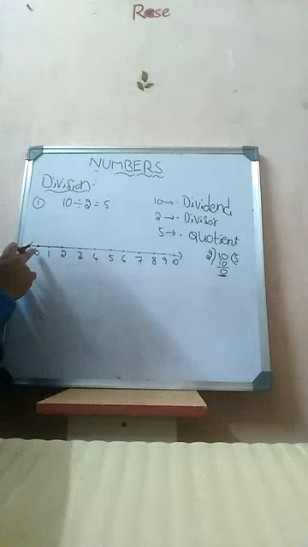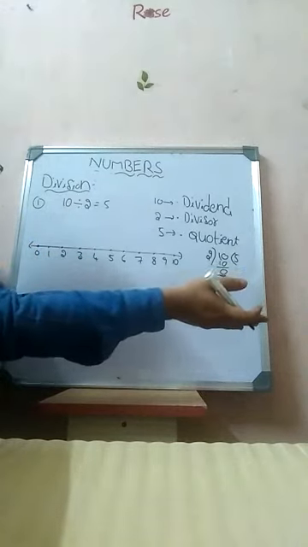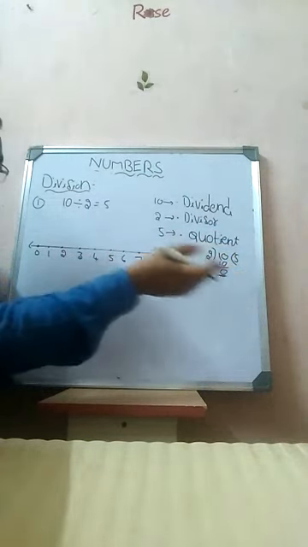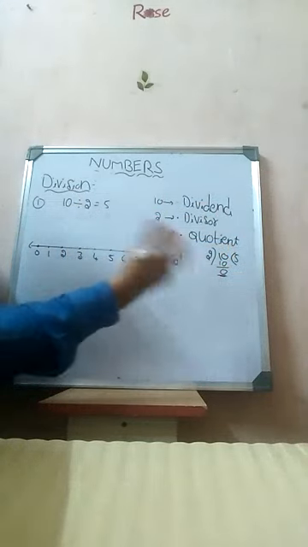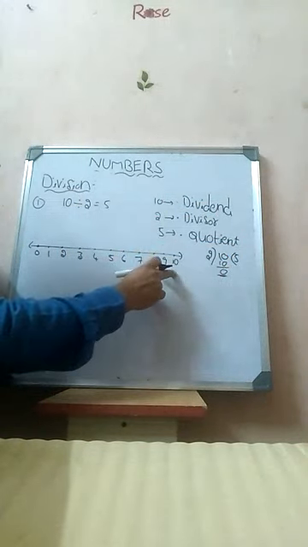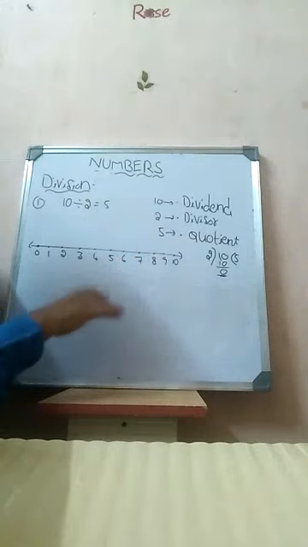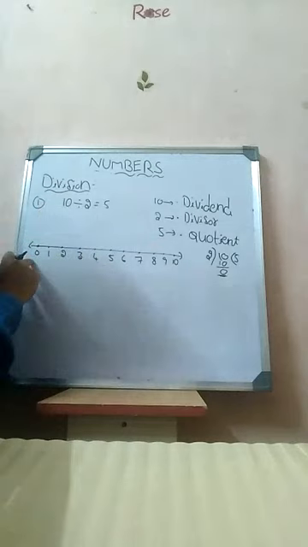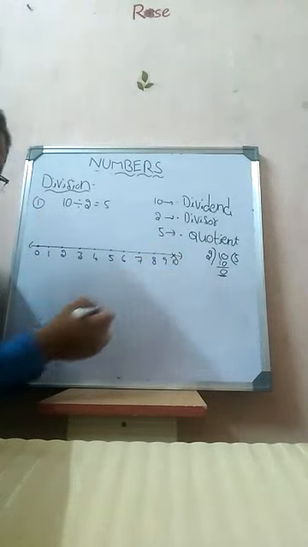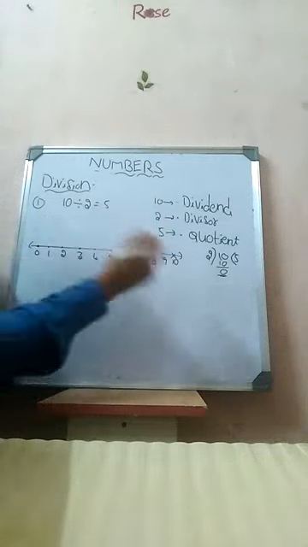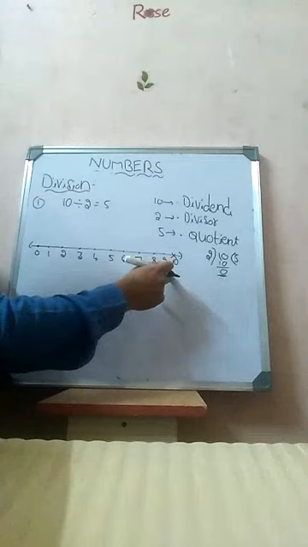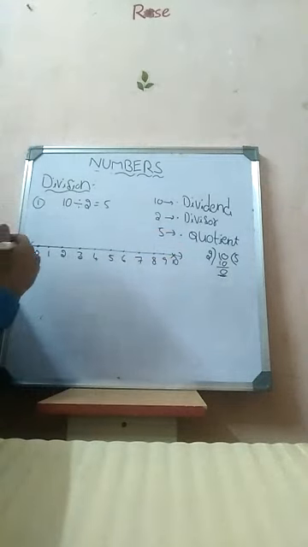In multiplication the process will start from 0 and move towards right side. Why? Because multiplication is repeated addition. But division is the reverse process of multiplication. That's why we'll start from dividend, not from 0. We'll start from dividend and we will jump and move to the left of that number. So it is completely reverse to multiplication.